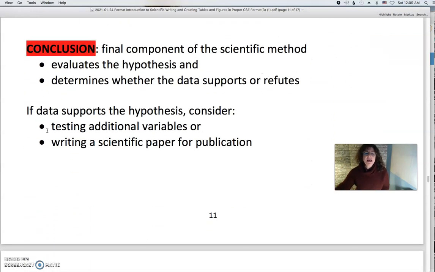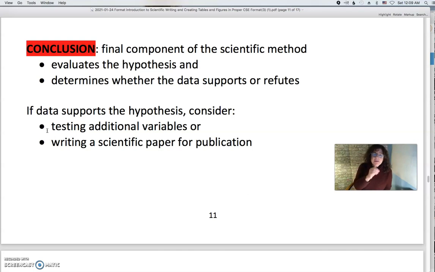As for the conclusion, it is the final part of the scientific method. It evaluates the hypothesis. It decides whether or not your hypothesis is supported by data that you collected or refuted by data that you collected and analyzed.